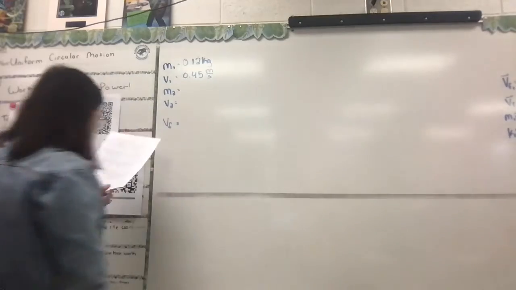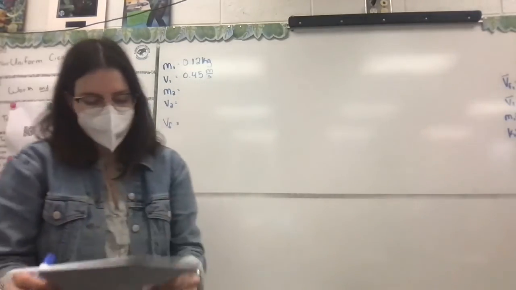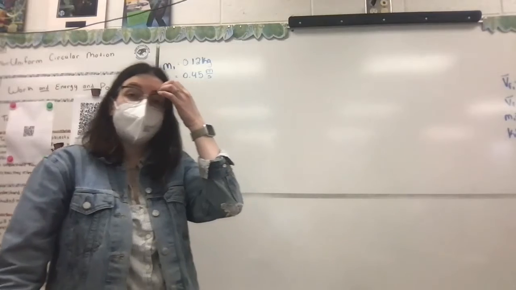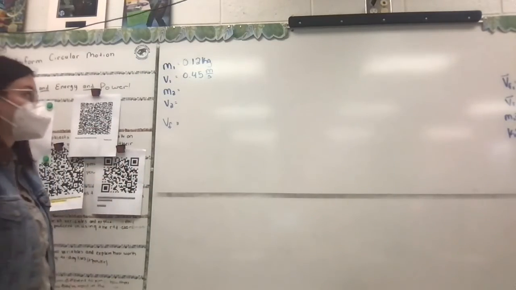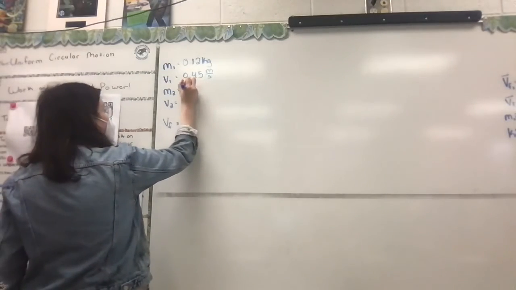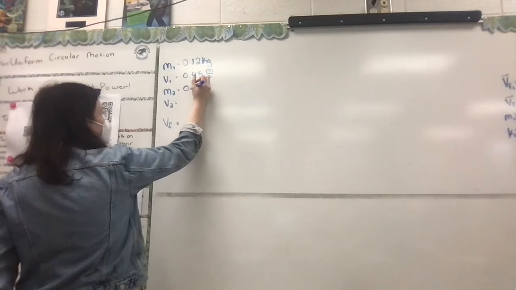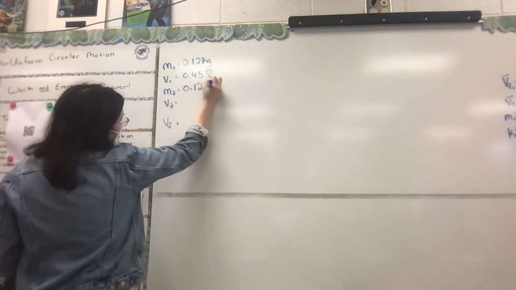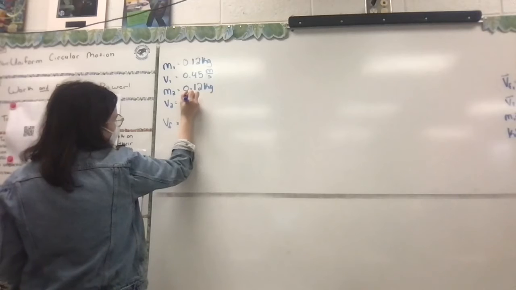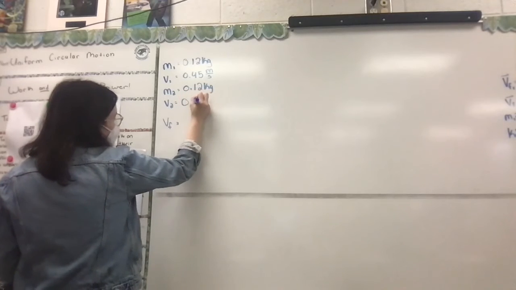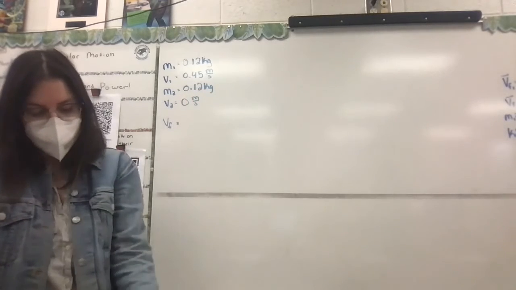And it's on a frictionless air track, thankfully. And it's going to collide with an identical cart that is stationary. What does stationary mean? It's at rest. So if it's identical, what's its mass going to be? 0.12. And what's its initial velocity? 0 meters per second. Okay.